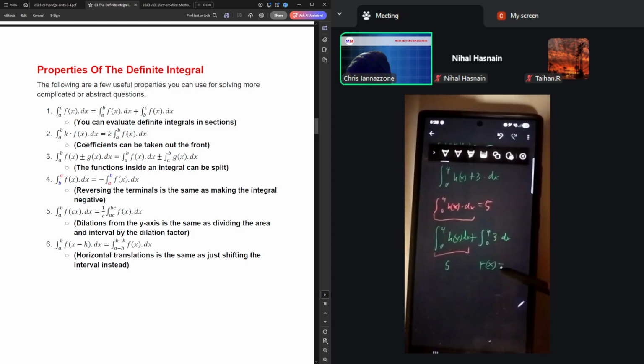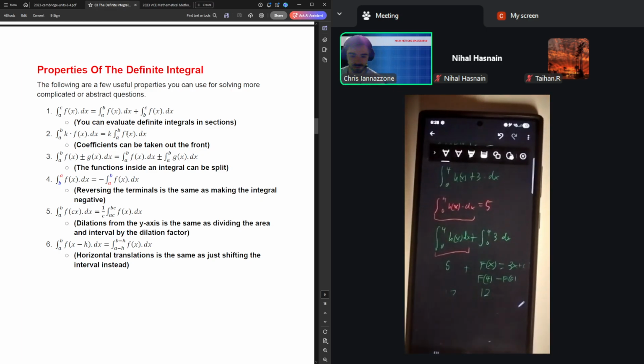So I'll just quickly go through that one. Antidiff of that gets you to 3x. You can put your plus c in there. Capital F of 4 minus capital F of 0 is that one. So 4 3s are 12, and then the other one's 0, so it's just 0. 5 and 12. Final answer would be 17 for that one there.